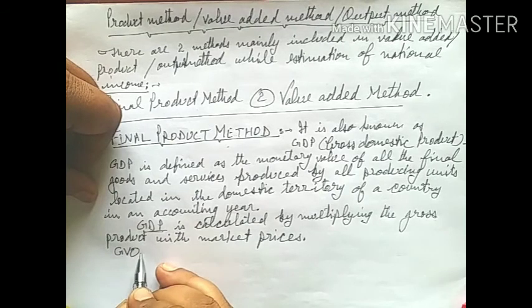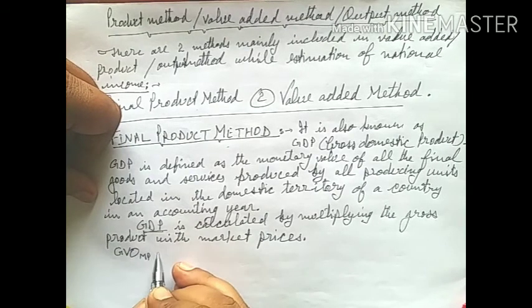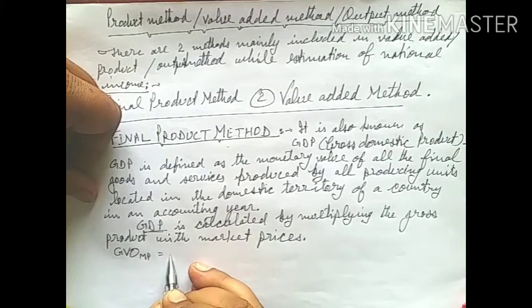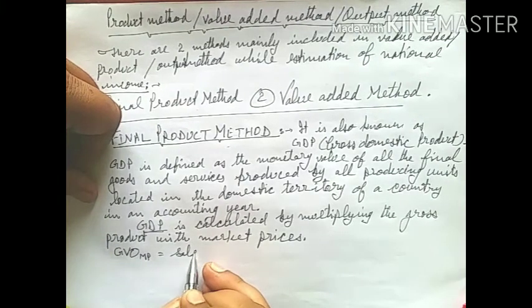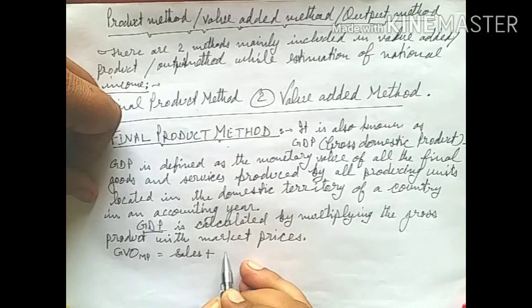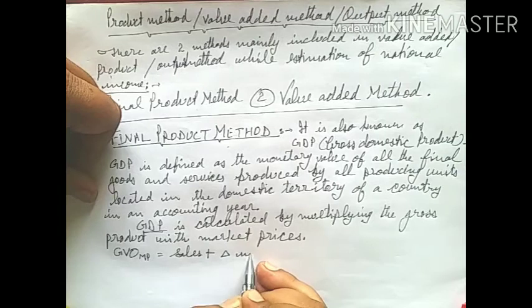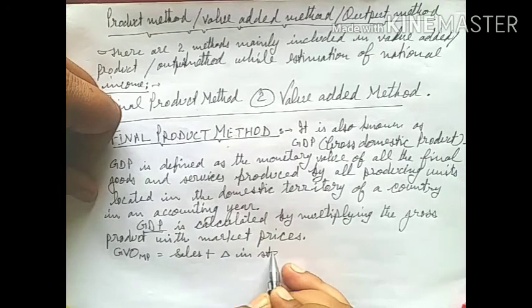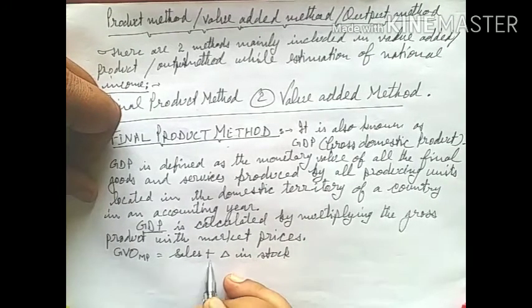GVO at market price is the result of total sales plus change in stock.